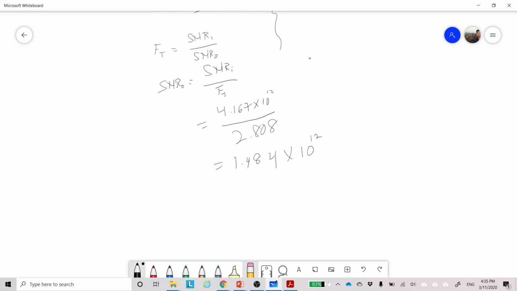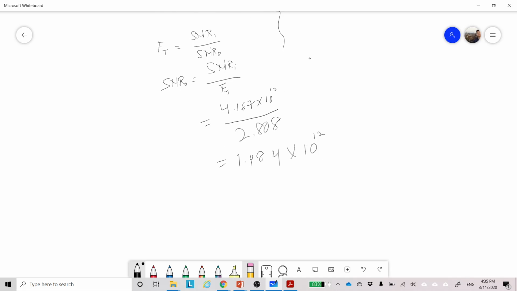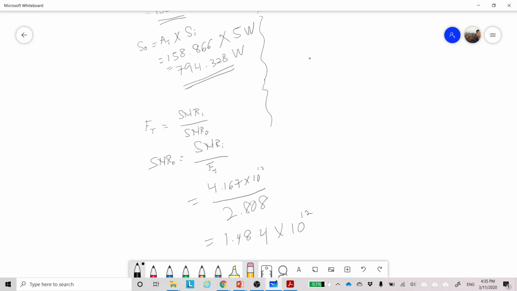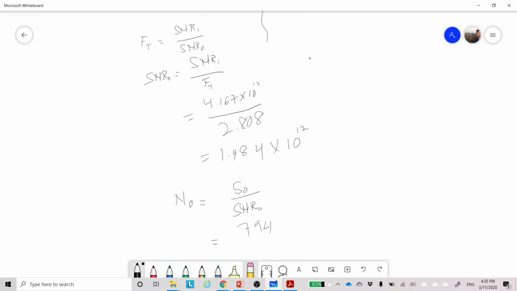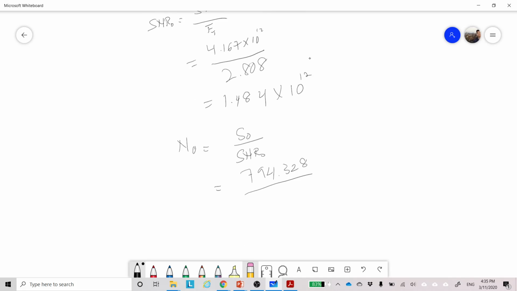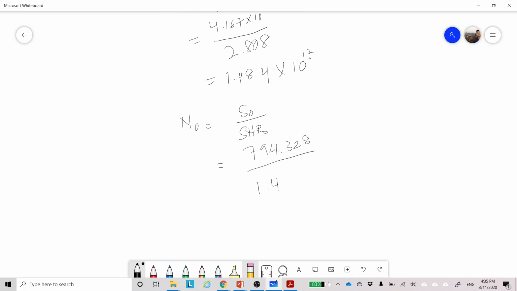So therefore NO bersamaan dengan SO dibahagikan dengan SNRO. Okay, so tadi SO adalah 794.328. So 794.328 dibahagikan dengan 1.484 kalikan dengan 10 kuasa 12.